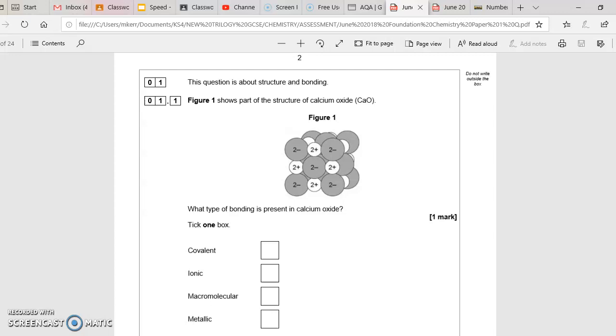Right, so to answer this one, look at the wording. We've got calcium oxide. It is a metal, calcium, and oxygen, a non-metal. So that is your hint that it is ionic bonding. You've also got ions. Remember, ions are particles that have lost or gained electrons, and in this case, your oxygen have gained 2 electrons, 2 negative electrons, they've become 2 minus, and your calcium have lost 2 electrons, so they become 2 plus.